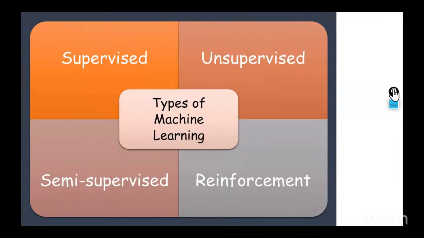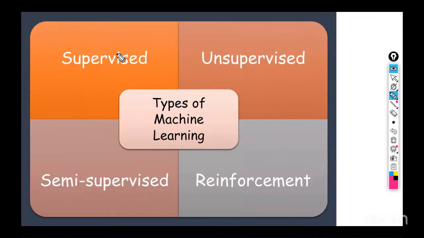Okay, so let's continue. Any confusion in supervised, unsupervised, semi-supervised, reinforcement? Okay. So now the next thing: why have they classified this, why have they divided machine learning into four different parts?